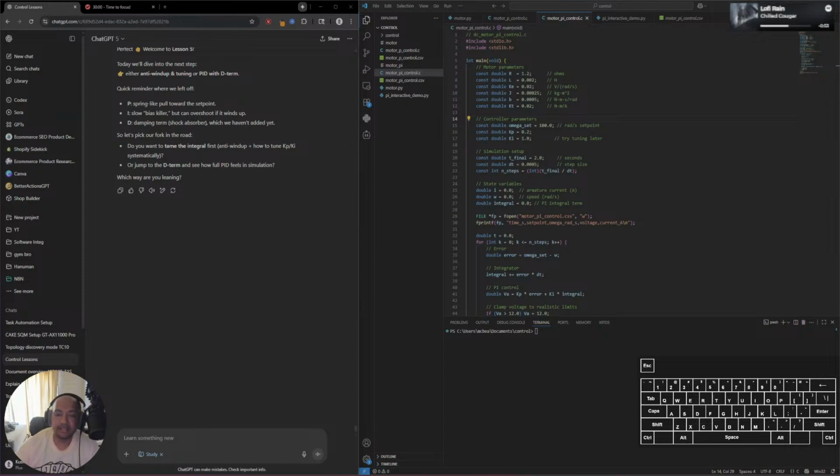So the P stands for essentially error close to the set point. For instance, if I have a set point of velocity, let's say 25 miles per hour, and currently my speed is at 24 miles per hour, it would be the set point minus the current speed, which would give me an error of 1 mile per hour. And then I would essentially add that into my equation, which you'll see later.